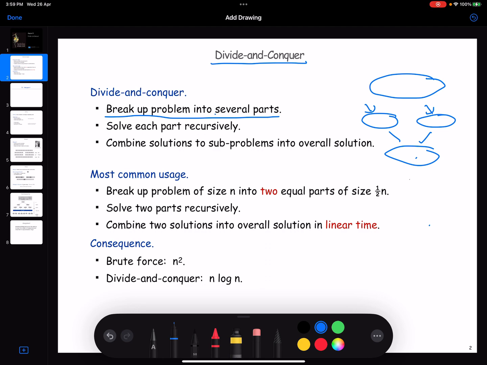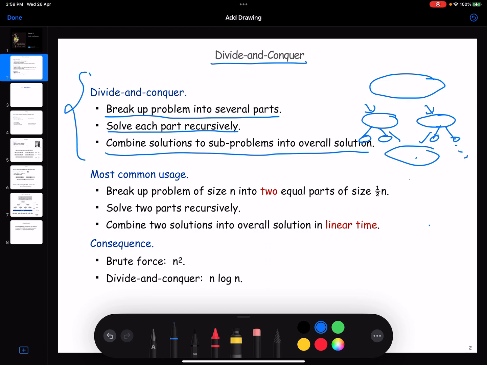We solve each part recursively. Again, each of these two parts we break into two smaller parts, and so on. And then we usually combine the solutions to the subproblems into the overall solution. So this is the general technique.